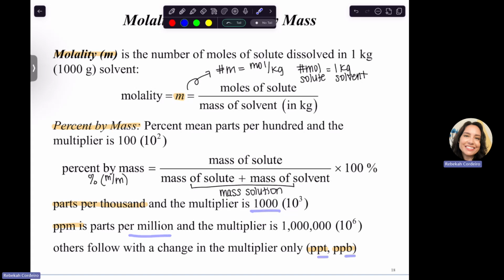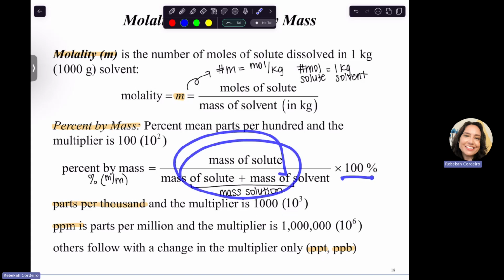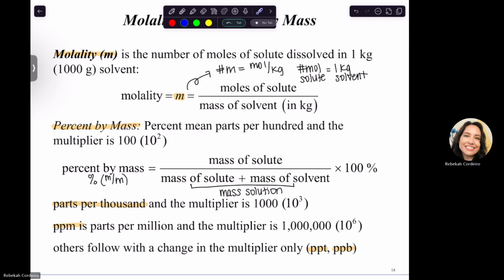It seems like it's a hard thing, but it's the same as a percent, but instead of times 100, a percent could technically be considered part per 100. But we just put a sign on the end, a percent sign. Part per million, part per thousand wouldn't have a percent sign on it. It would just be like, 10 ppm. It just kind of depends on what you're multiplying it by.